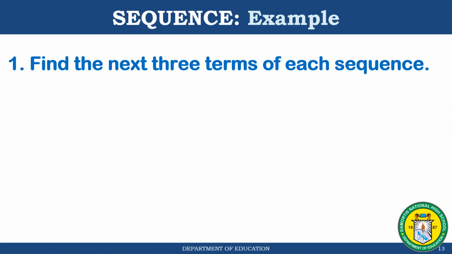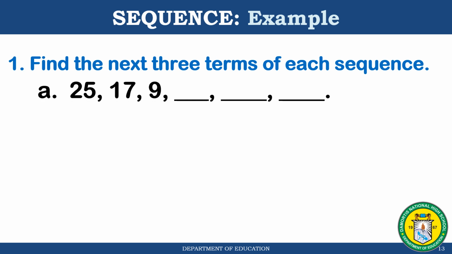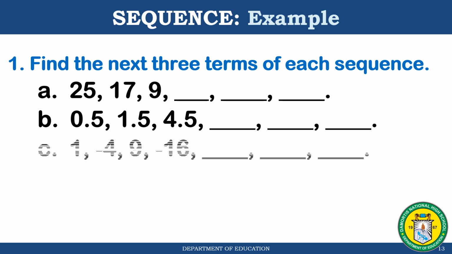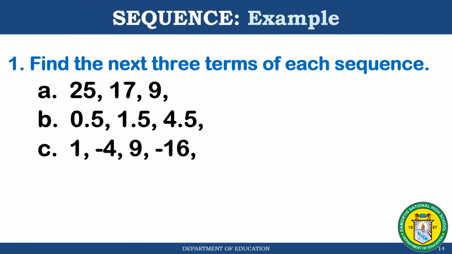Let's now have an example. Find the next 3 terms of each sequence. For letter A, 25, 17, 9. Letter B, 0.5, 1.5, and 4.5. And for letter C, we have 1, -4, 9, and -16. So what do you think are the next 3 terms for letter A? Very good.